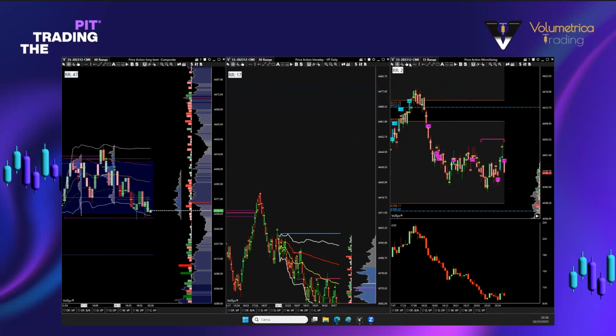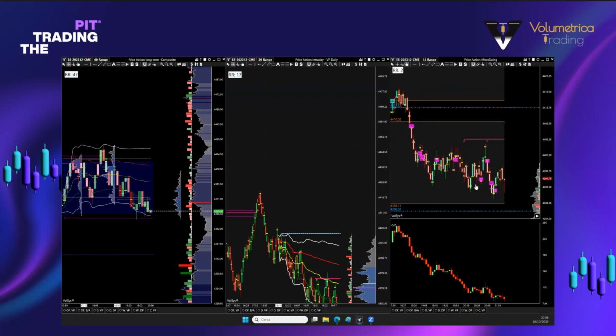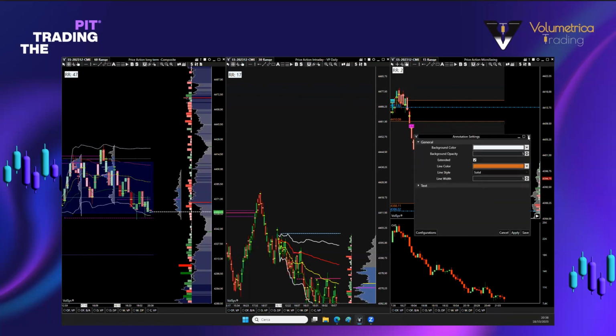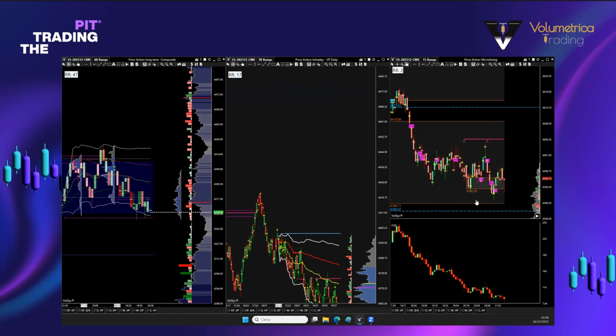But for example, here, if you look at that, they're still trying to break through the level, but we know that there is a support here given by these candles.